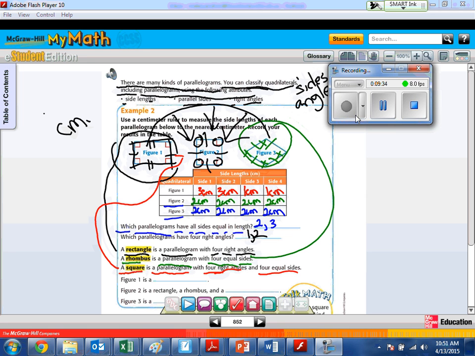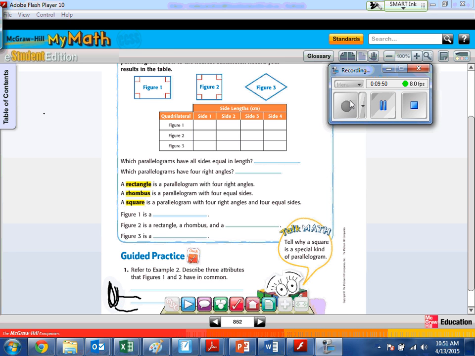All right? So now we can go ahead and fill in this information down here on figures 1, 2, and 3. Go ahead and take a few seconds and figure out what figure 1 is, figure 2, and figure 3. Alright, figure 1, we just talked about, has 4 right angles, so that makes it a rectangle.